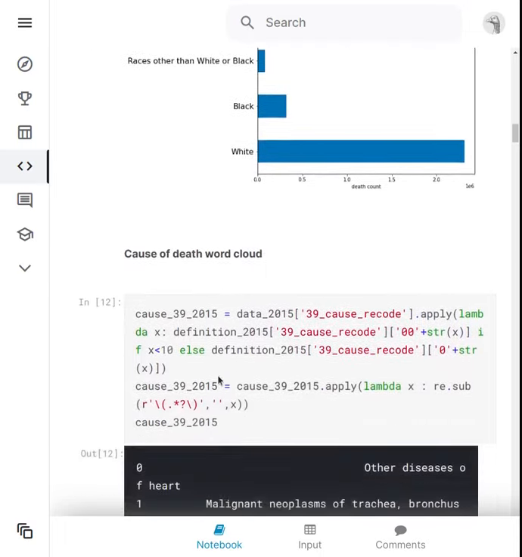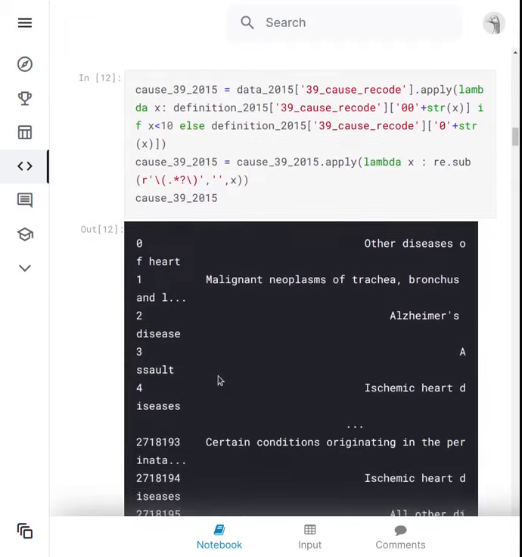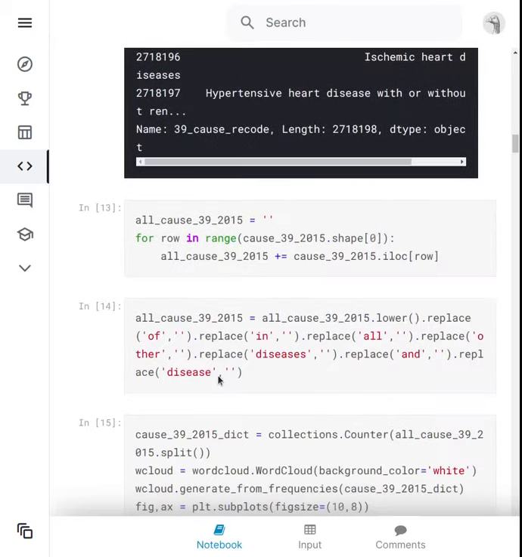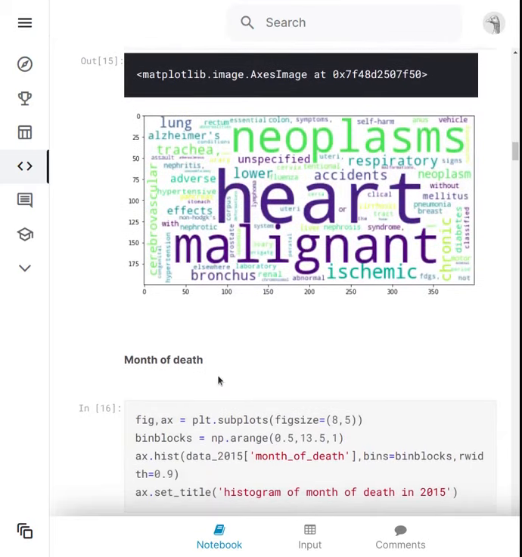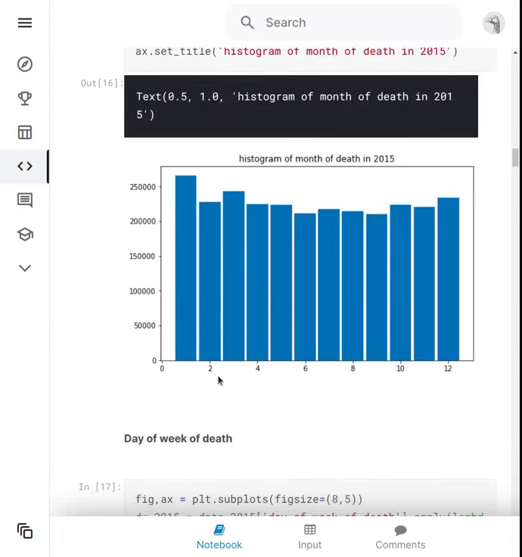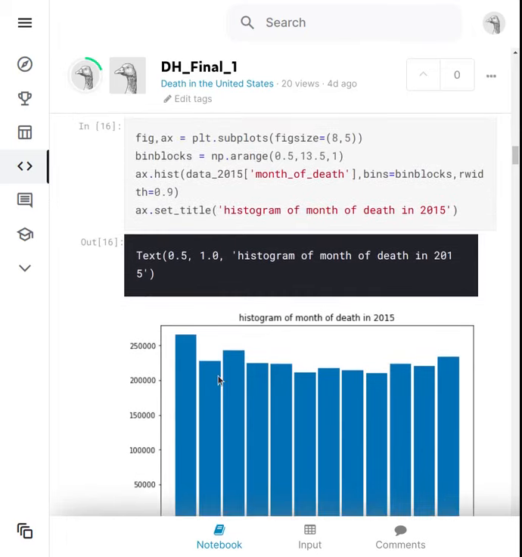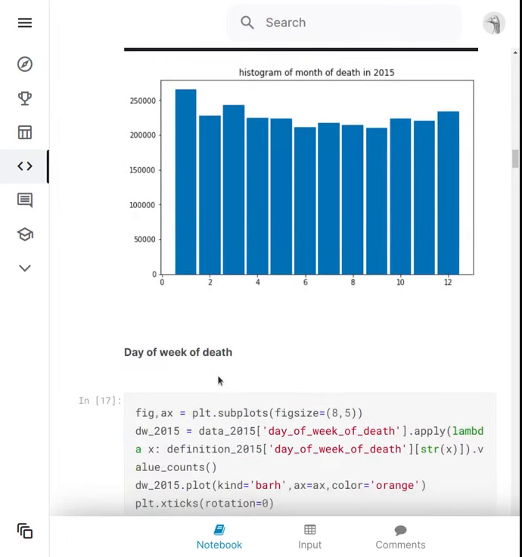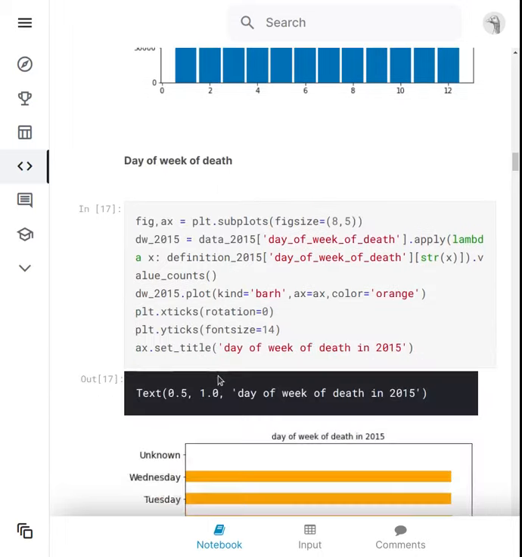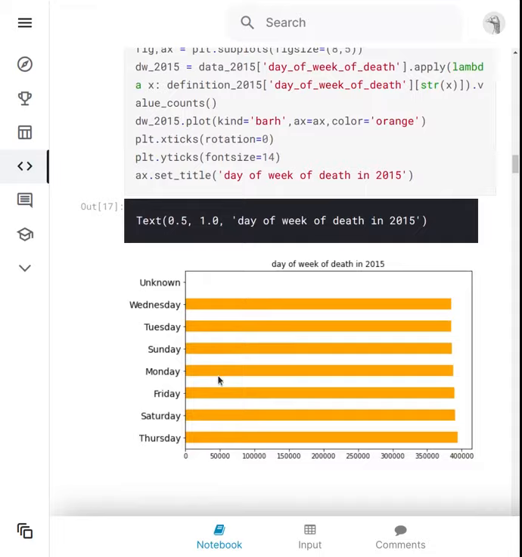We created the death word cloud from which we found that heart, malignant, and neoplasms are prominent diseases among the people. To understand the month of death and day of week of death, we created histograms from which we found that the rate of death is almost similar in all the months except January, and in day of week, it's almost similar.